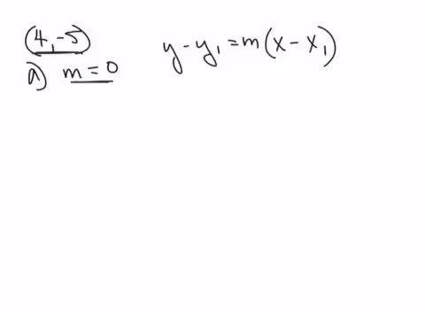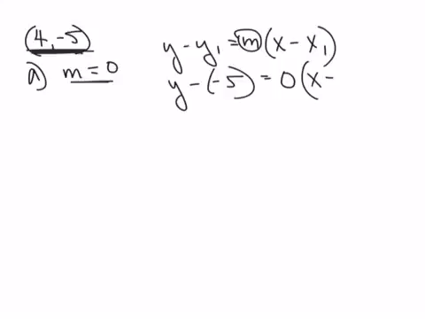Okay, so we're going to put 0 in for the slope right here, and we'll put these two numbers in for the x and the y. So y minus the y value, negative 5, equals a slope of 0 times x minus 4.